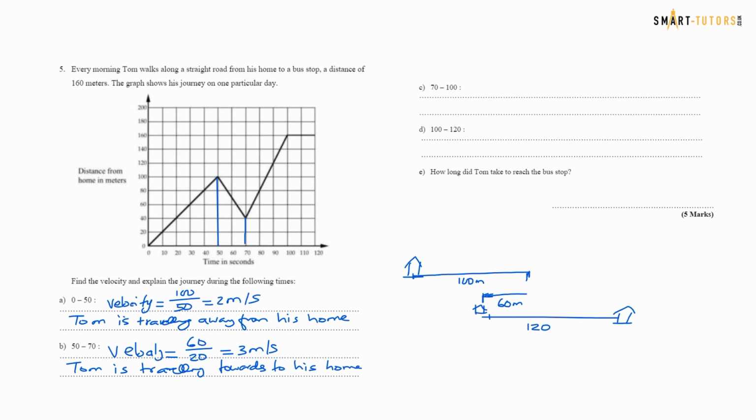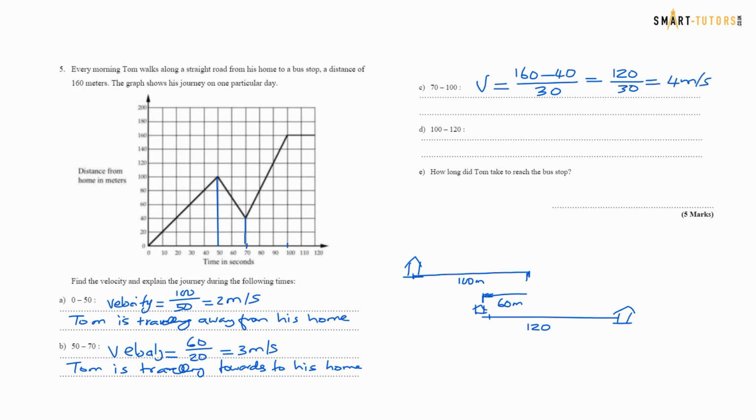70 to 100. So 70 to 100, what's happening? So we need to find out the velocity first. 70 is 160. So 160 take away 40 is 120, divided by, 70 to 100 is 30. So this is 120 divided by 30, which is 4 meter per second.